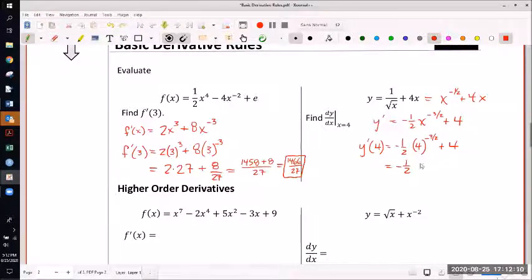And then that goes into the denominator because of the negative exponent, plus 4. So now I have negative 1 over 16 plus 4, which is going to be 63 over 16. Negative 1 over 16 plus 64 over 16 is 63 over 16.